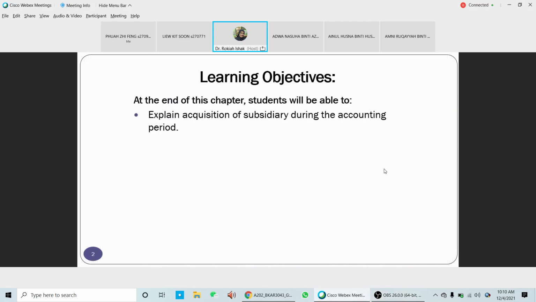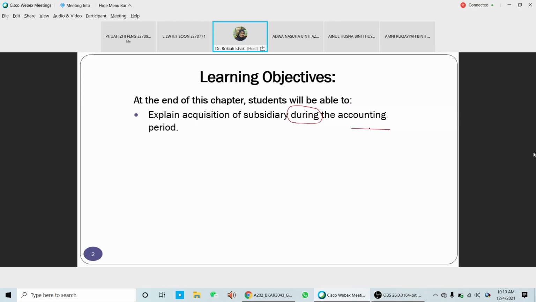The things that we are going to learn from this chapter: students are able to explain the acquisition of a subsidiary during the accounting period. Previously in chapter 1 and chapter 2, we looked at acquisitions at the beginning of the year, but this one is during the accounting period.